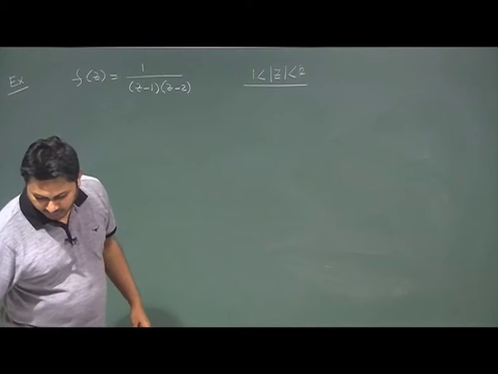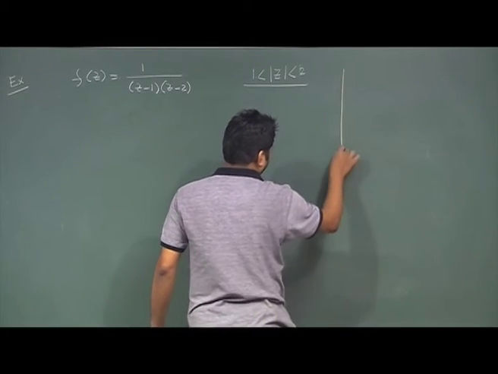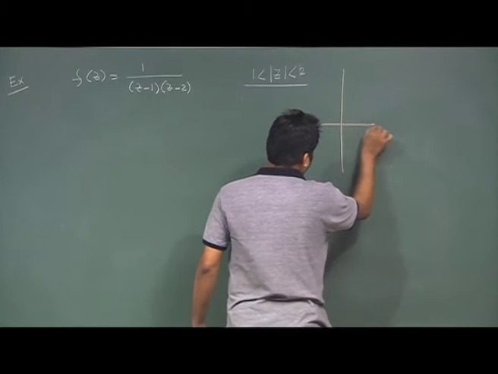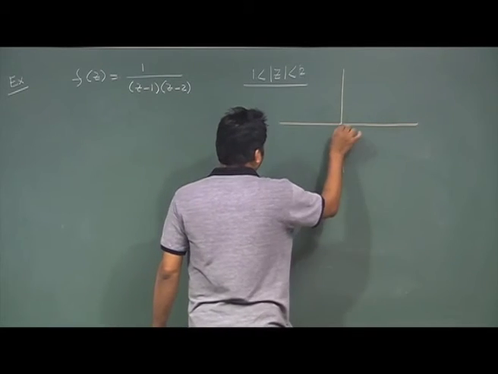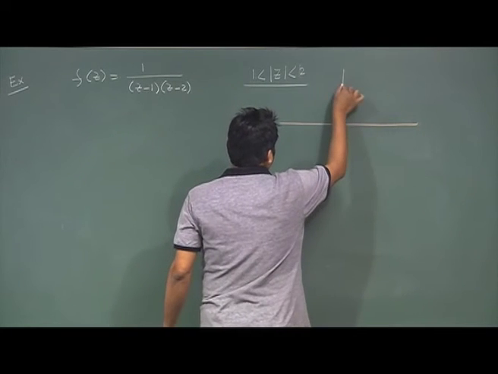So, let me first define the region and check where it lies. This is my coordinate system, mod of z is greater than 1 and less than 2.